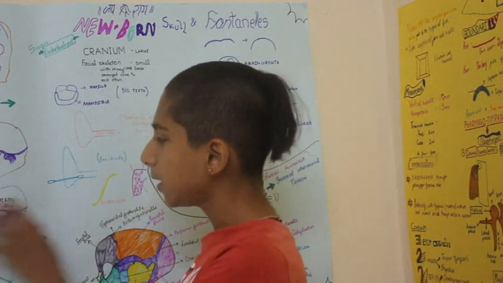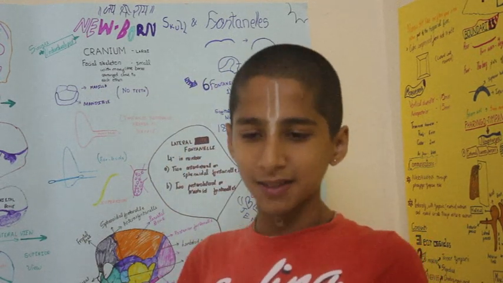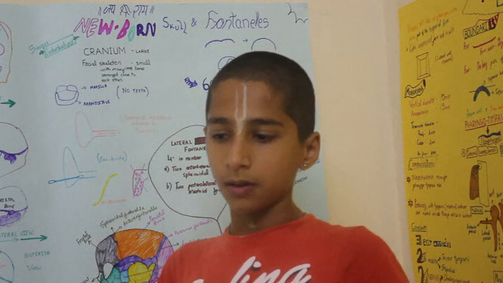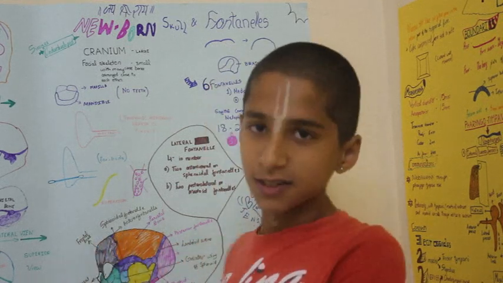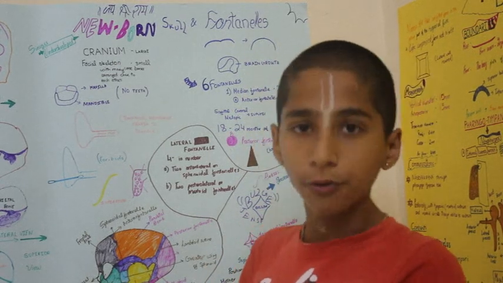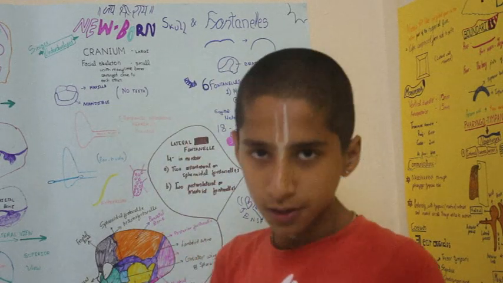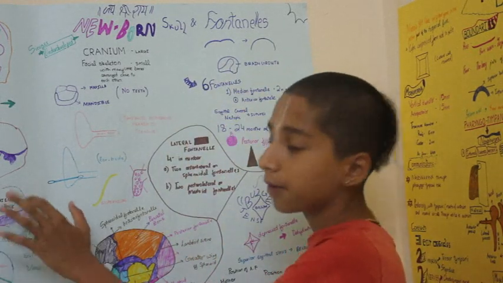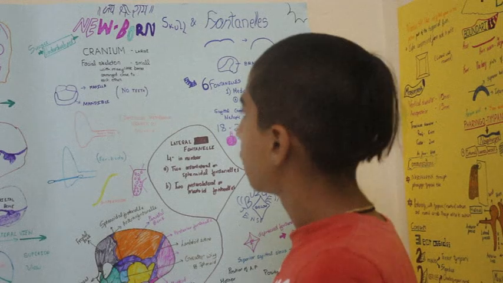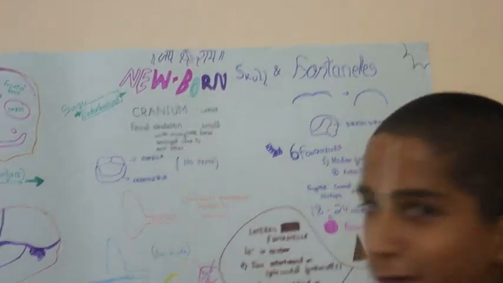But in an infant skull, we have fontanelles that are ancestors for the sutures. The sutures are just tiny lines that show that there were fontanelles there before, whereas the fontanelles are the preceders of the sutures. So today we're going to see the newborn skull, its anatomy and the fontanelles.